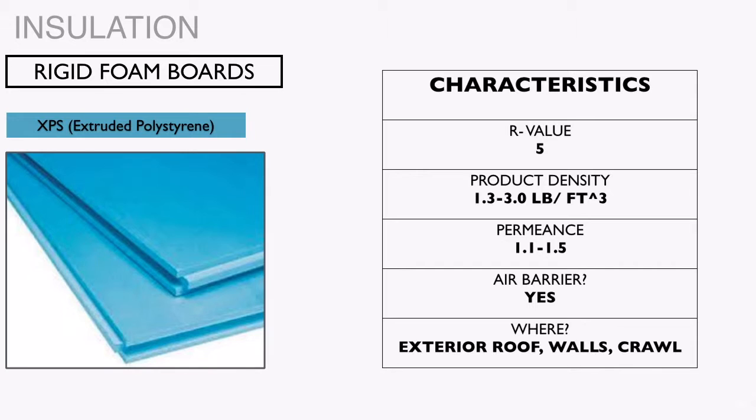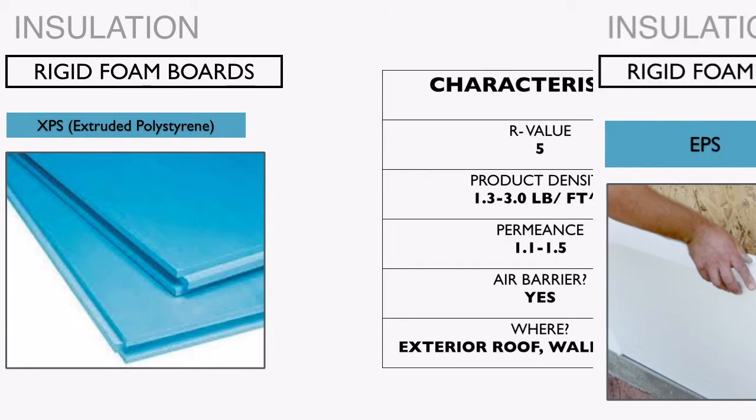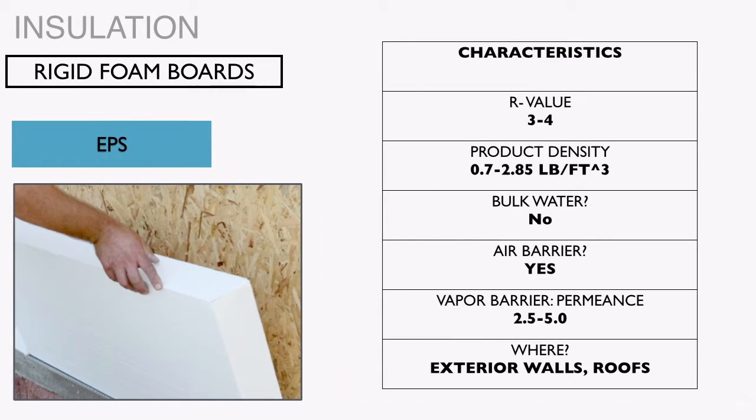You would find this in your exterior roof walls or interior of your crawl space, often if you've got a conditioned crawl. Another example of a rigid foam board is expanded polystyrene, EPS. It has a lower R value per inch, although it can be even higher than this 4 that we've called out, 3 to 4.